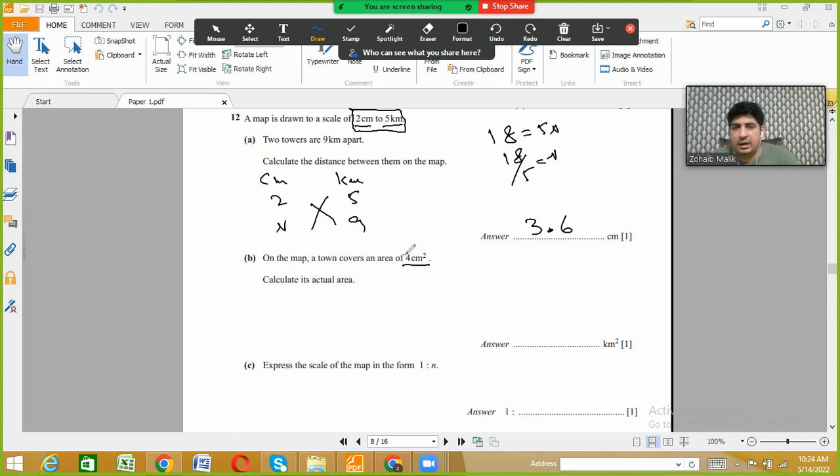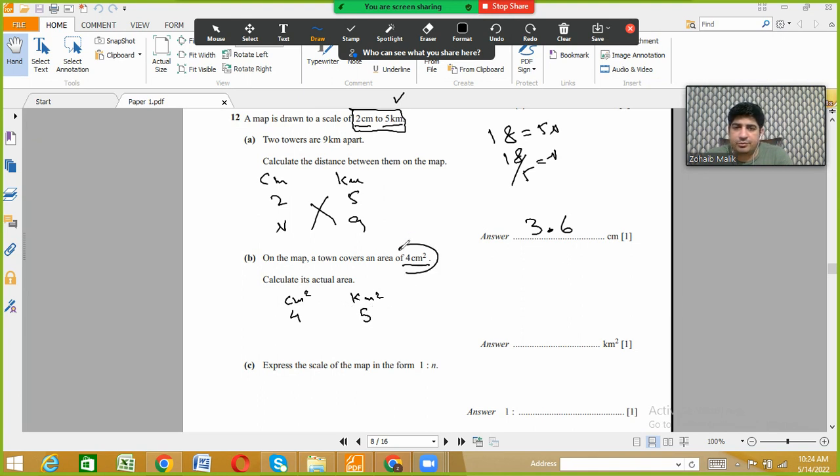So we are just simply changing our scaling into square form as well. So it means 2 centimeter to 5 kilometer. If we change into centimeter square and kilometer square, we would have to take the square on both sides. So this will be changed into 4 centimeter square to 25 kilometer square.